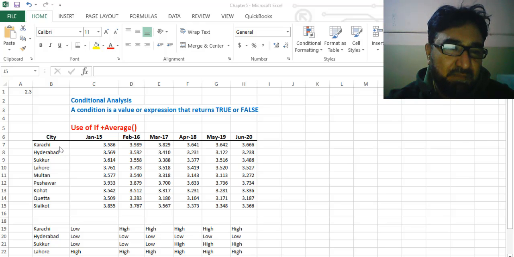Here is the data with the column headings of city and January 15, Feb 16, March 17, April 18, May 19, June 20. These are the months, and here are the cities, and these are the prices of utility bills, utility services.